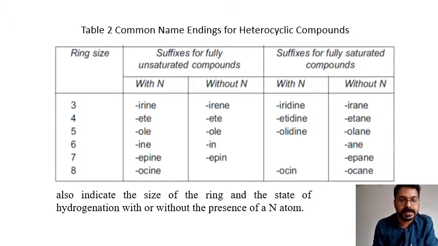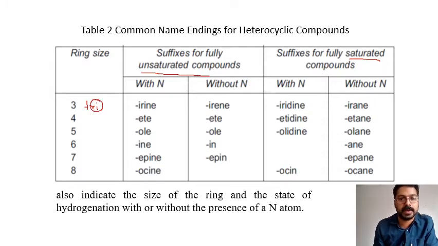I have made a table for the suffix for unsaturated compounds and for saturated compounds. Again, that is further segmented into compounds with nitrogen and without nitrogen, for unsaturated, and similarly saturated compounds with nitrogen and without nitrogen. If the ring size is 3, you can remember "tri" and take the IR.